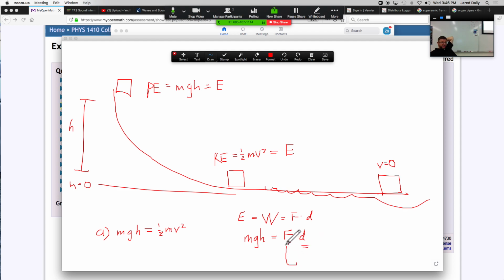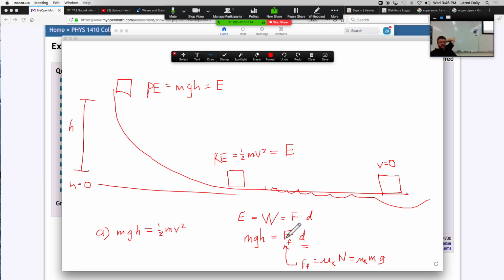Now the only thing we don't know in this equation is the distance, but we have to calculate the frictional force, because frictional force is equal to mu, the coefficient of kinetic friction, mu kinetic, times the normal force, right? And since this box is on a flat surface with no forces acting up or down except for its weight, that's the kinetic coefficient of friction times the mass of the box times gravity.